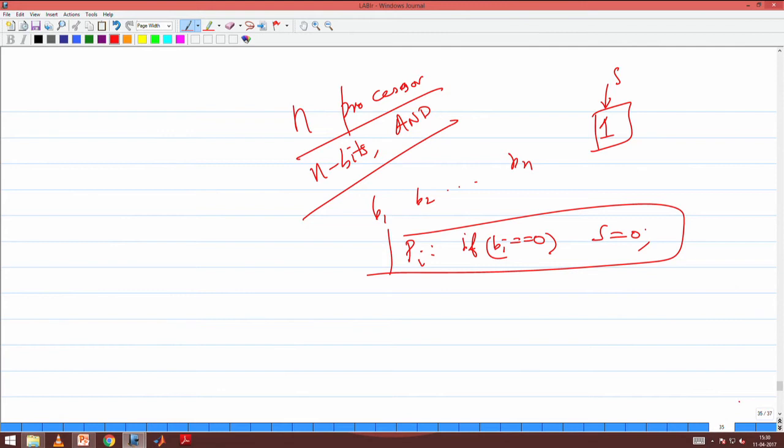So what sort of PRAM model will this algorithm require? Exclusive? Concurrent, right?